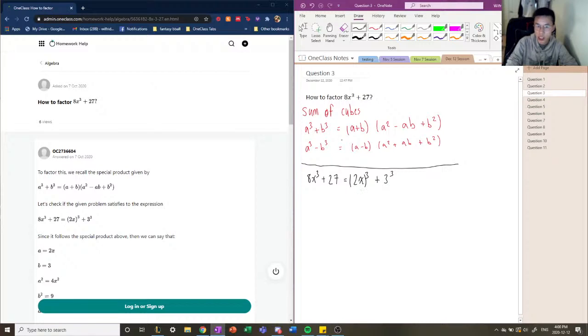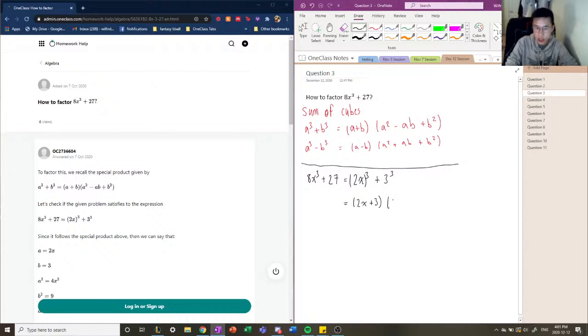And now we can apply the sum of cubes form, right? By applying it, we see that this can be written as a plus b, so we're going to write (2x plus 3) times a squared, so 2x. A lot of people think our a is 2x to the power of 3, which is wrong, right? Your a is going to be what's inside the brackets.